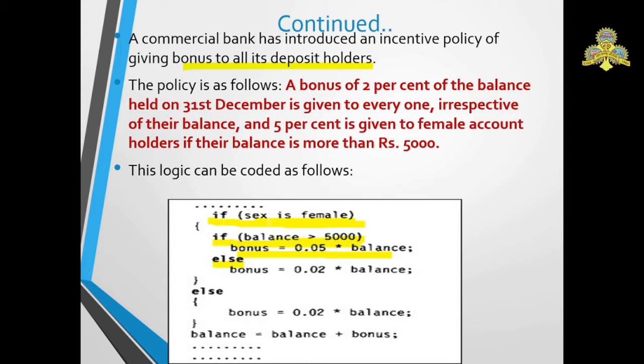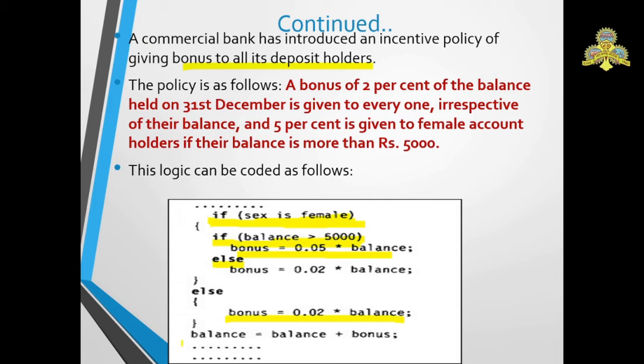If the outermost if statement becomes false, then its else part will be executed. Its else part is bonus equal to 2% of its balance. This is the else part for the outermost if statement.